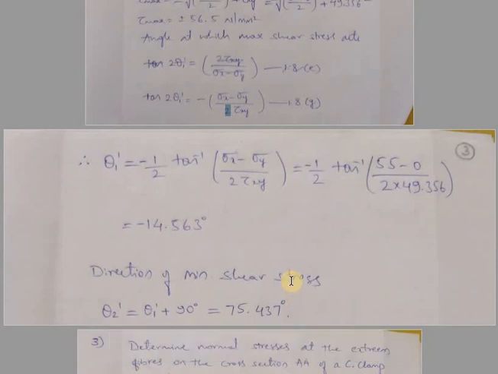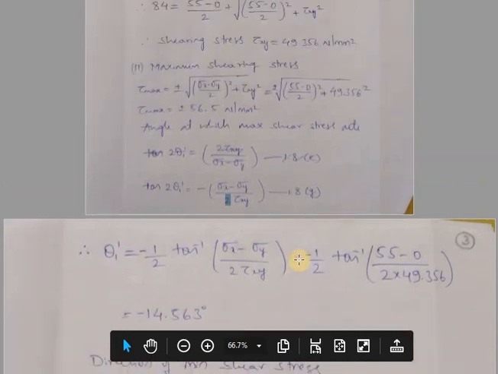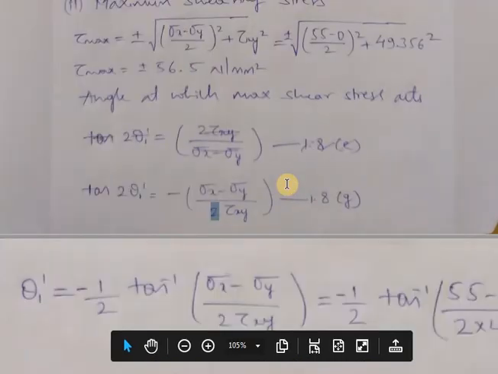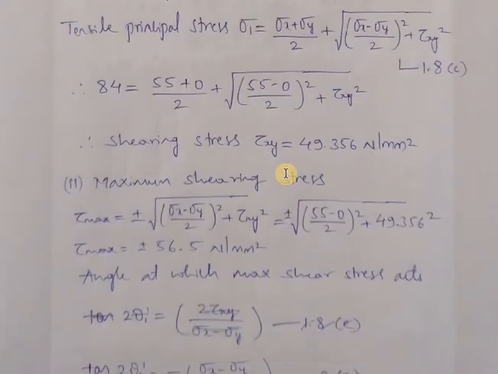In this problem, what you have to notice is that for finding the maximum shear stress, we don't have the values of theta 1 and theta 2, that is the angles of principal stresses.